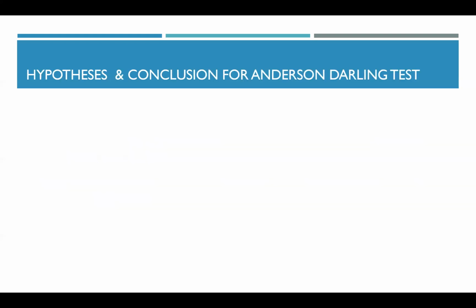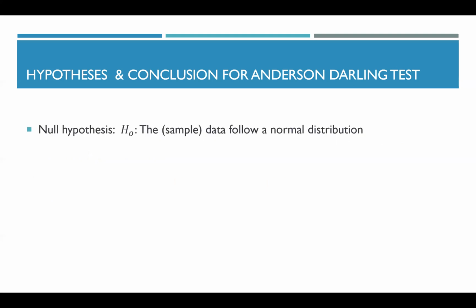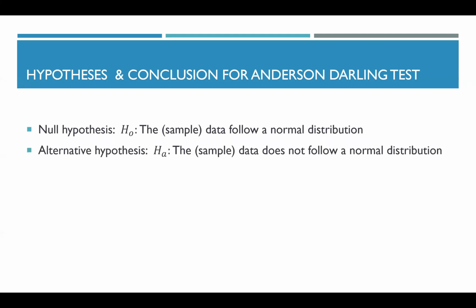So I want to talk about how to state your hypothesis and how to state your conclusion for the Anderson-Darling test. Okay, so again, you're going to have two opposing hypotheses. Remember that your null hypothesis has to imply equal, and your alternative has to imply not equal or less than, greater than.